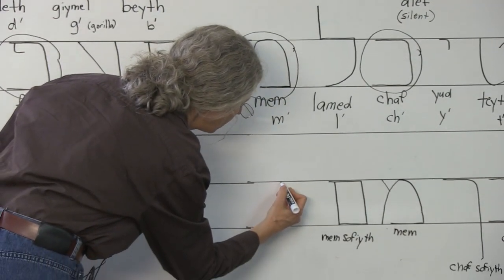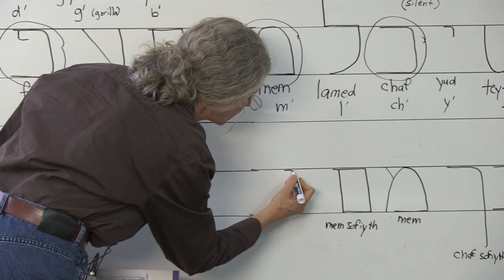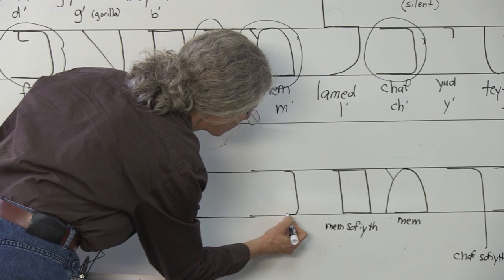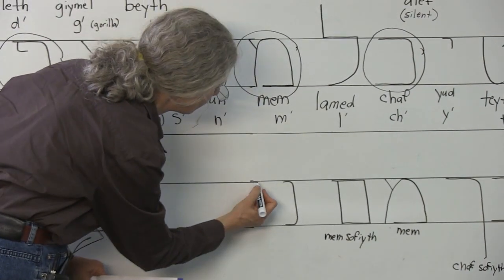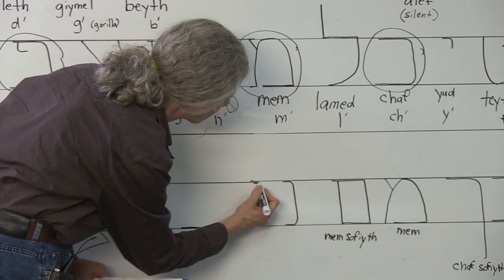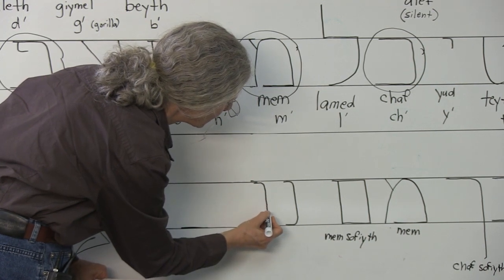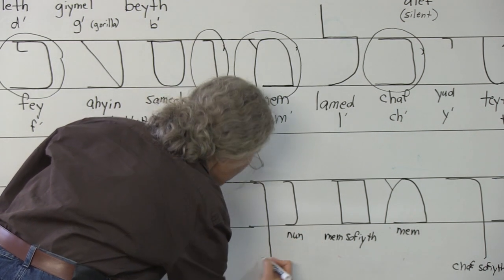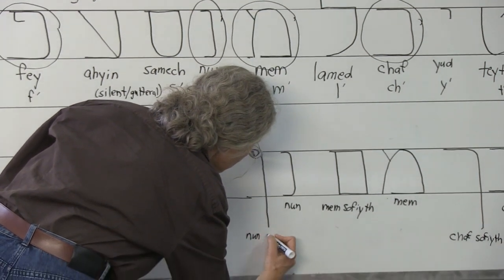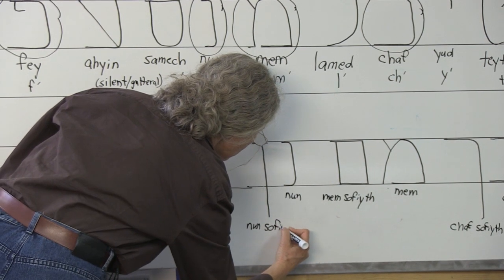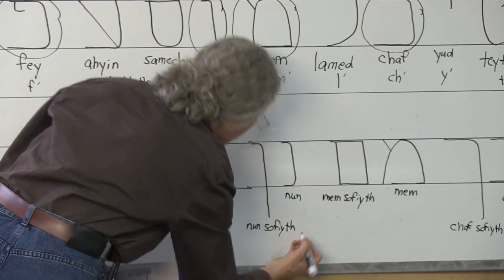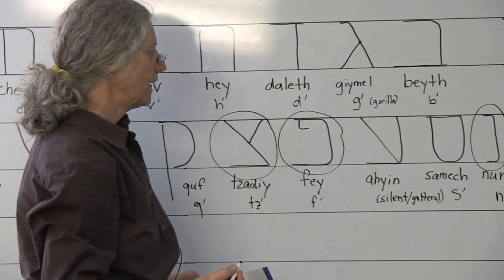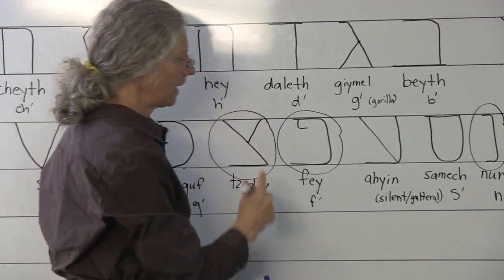Next is Nun. Make a little Nun, curving down, curve at the bottom. Okay, the Nun unfolds. So you make a little curve, go down, and just keep going down. That's Nun and Nun Sofyth. The next unfolded letter is the Fe.